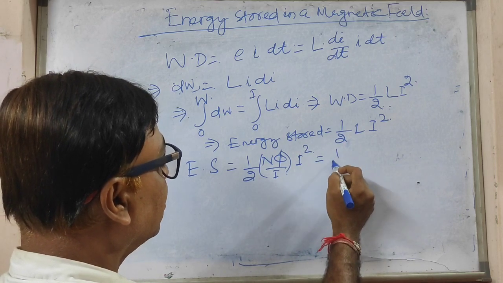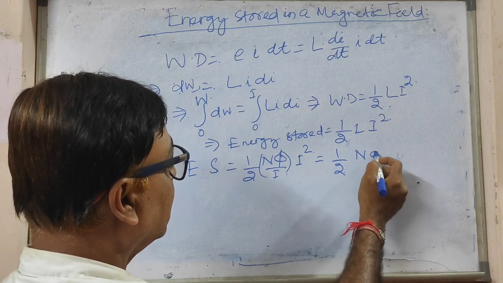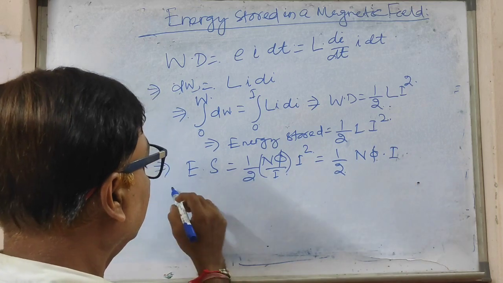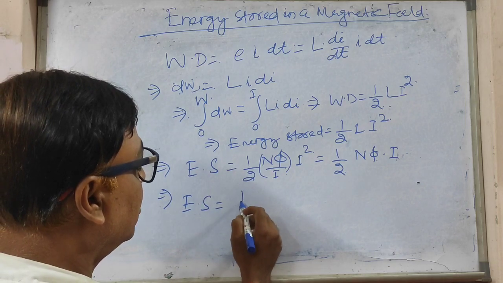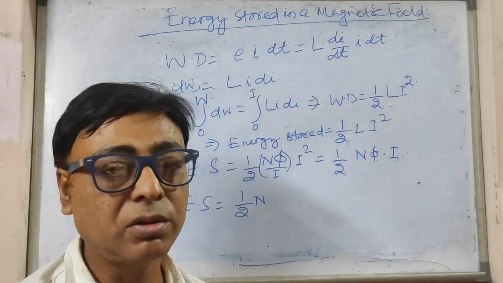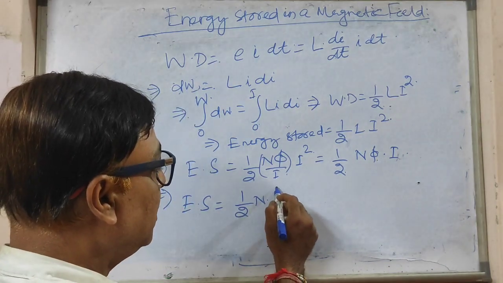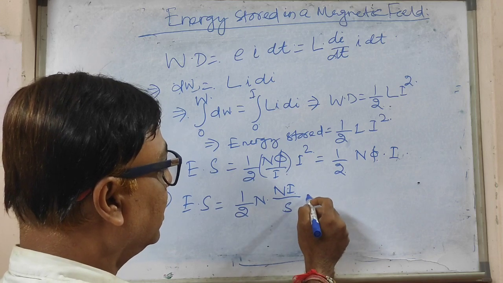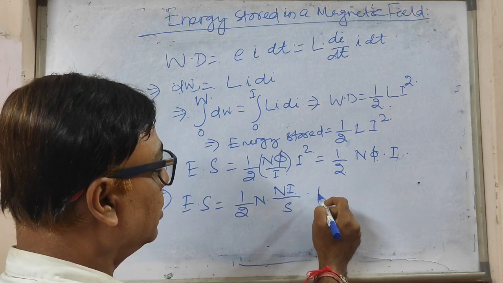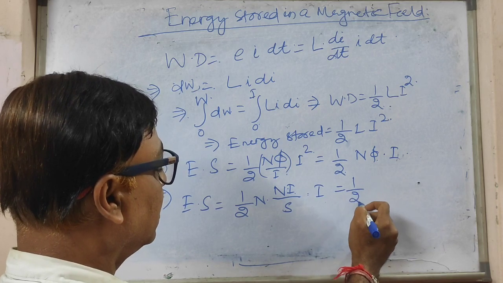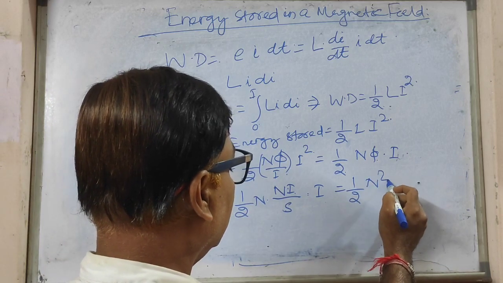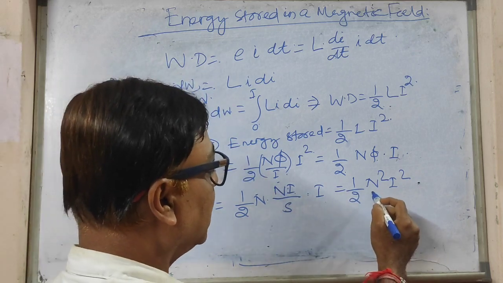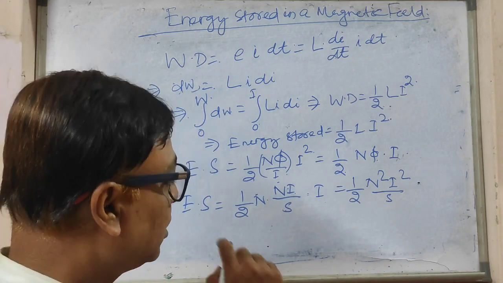So the energy stored is 1 by 2 N phi I. We know that flux is equal to MMF by reluctance, and MMF is nothing but N I. So the energy stored is half N into N I divided by S into I, which is half N square I square divided by S, joules.